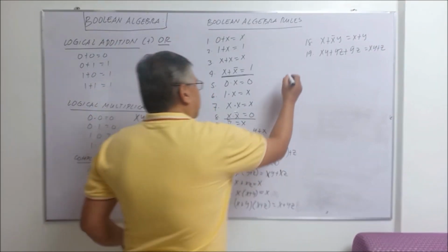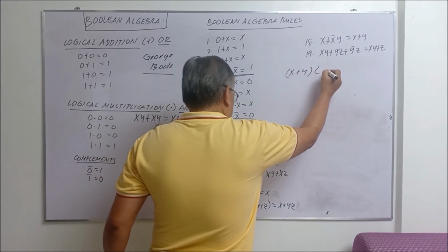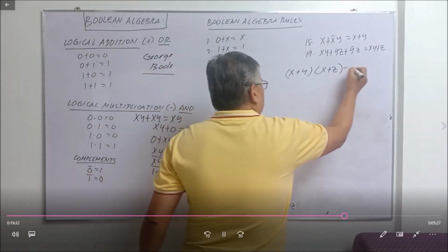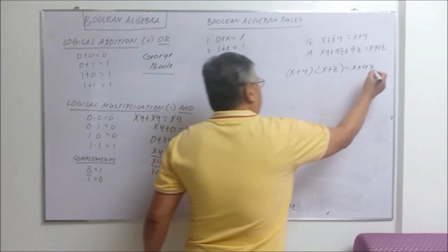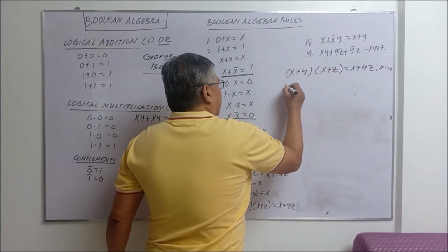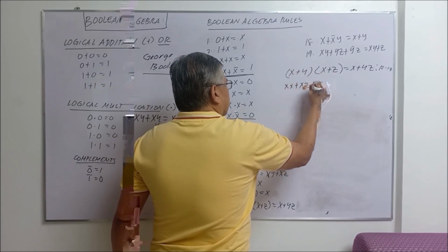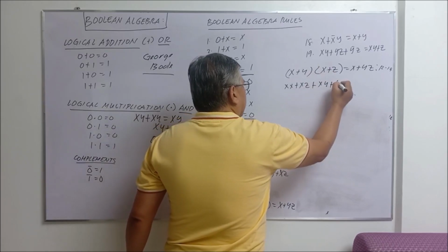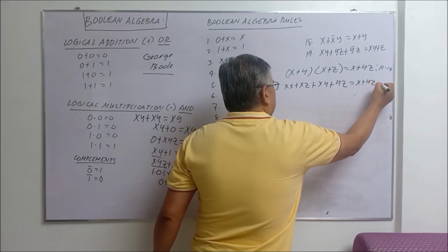So you have (x plus y) times (x plus z) is equal to x plus yz, no? So rule 14, we distribute. So you have xx plus xz plus xy plus yz is equal to x plus yz.